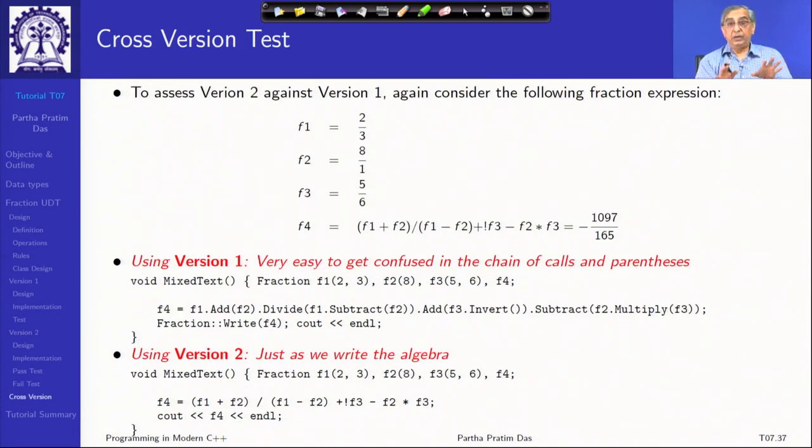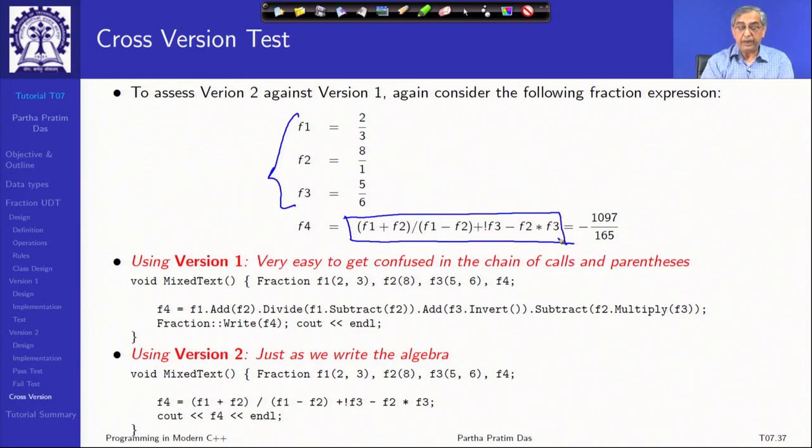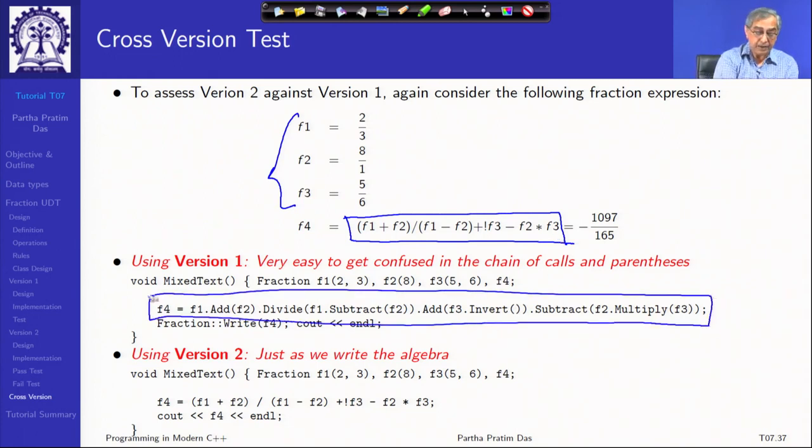Now, before we conclude, let us get back to the example we took after version 1: what if I have 3 fractions and an apparently not very complicated algebraic expression with these fractions, and version 1 led to such an expression.